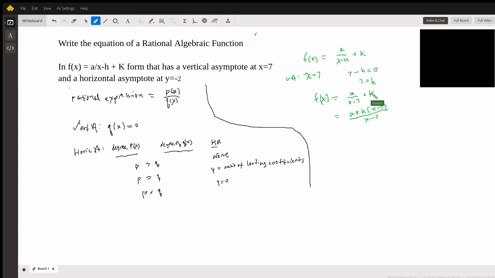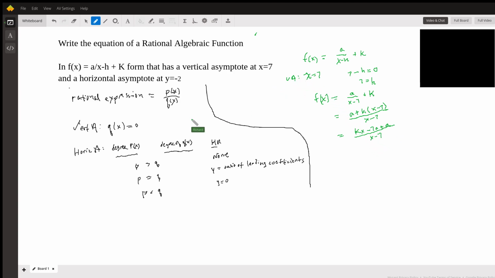I'm just multiplying k by x minus 7 over x minus 7 and then adding them. So this is going to give us kx minus 7k plus a, all over x minus 7.